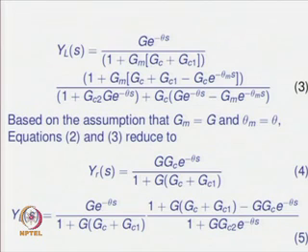So, equations 2 and 3 reduce to Yrs is equal to G Gc e to the power minus theta s upon 1 plus G times Gc plus Gc1, and Yls is equal to G e to the power minus theta s upon 1 plus G times Gc plus Gc1 into 1 plus G Gc plus Gc1 minus G Gc e to the power minus theta s upon 1 plus G Gc2 e to the power minus theta s.